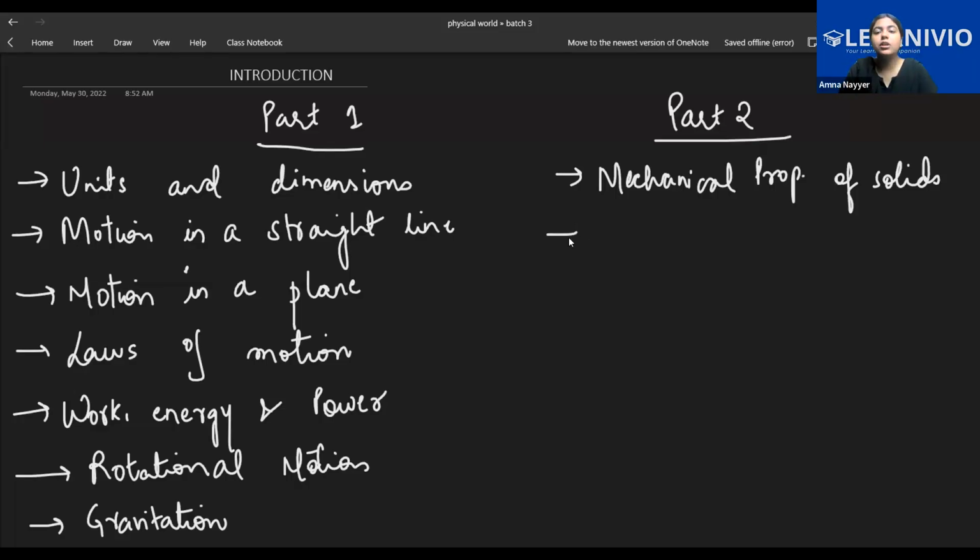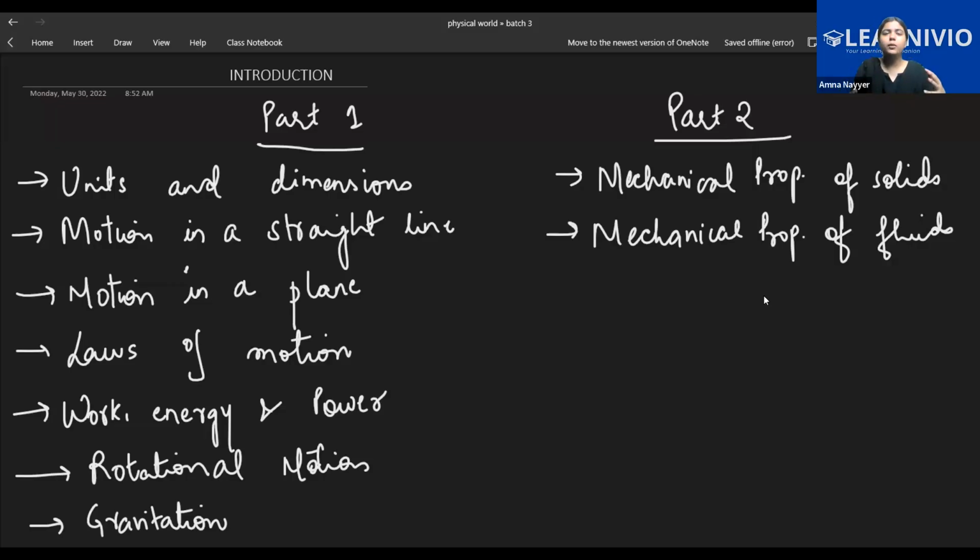So then we talk about the same thing, mechanical properties of fluids. Okay, this is what is dealt. Now see, in mechanical properties, we only deal with the objects with their changes in length, changes in volume, changes in shape, all the mechanical part.